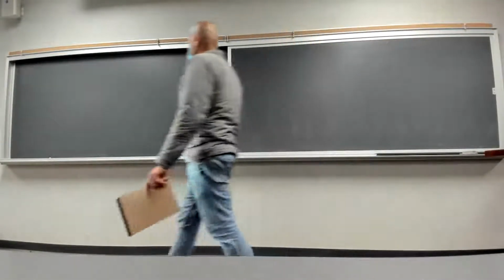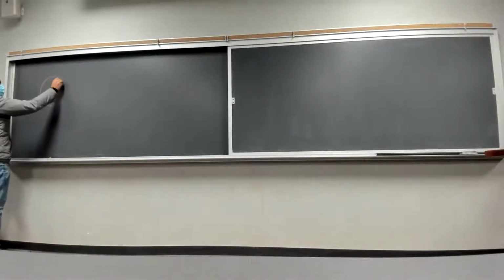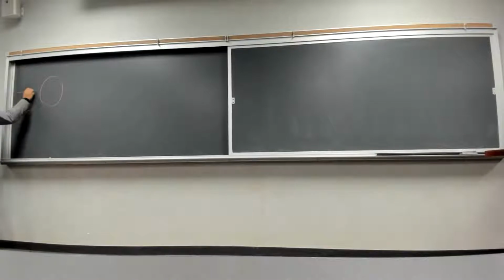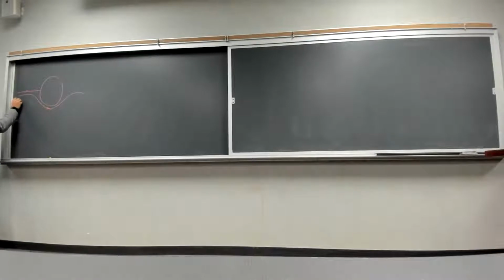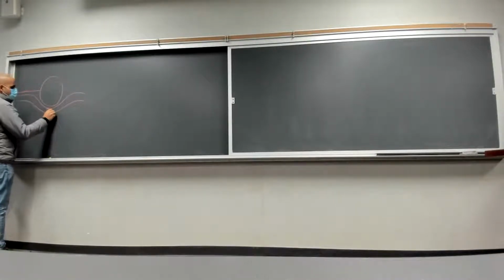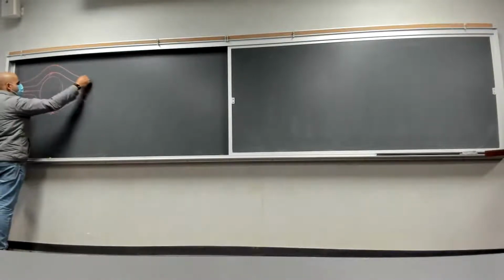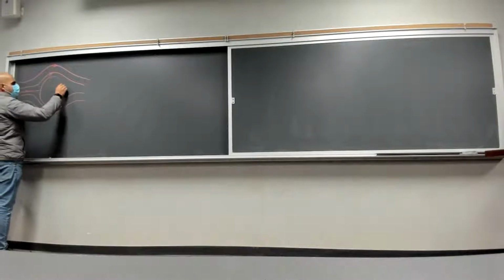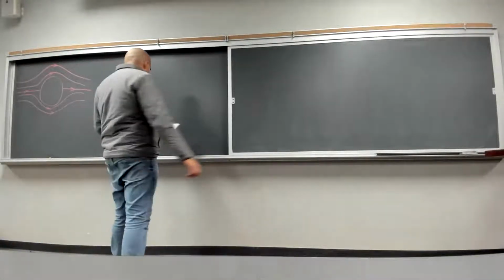Okay, so let's go back to the flow over a cylinder. Let's say you have a cylinder, and we have flow passing over it like this. And we had the velocities.